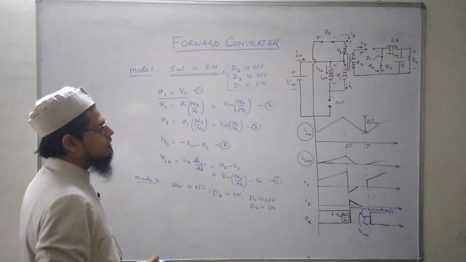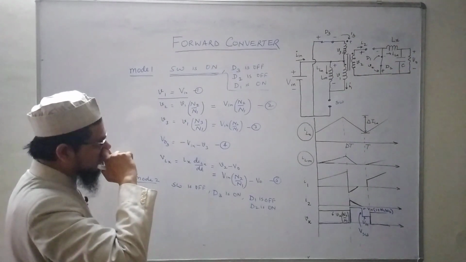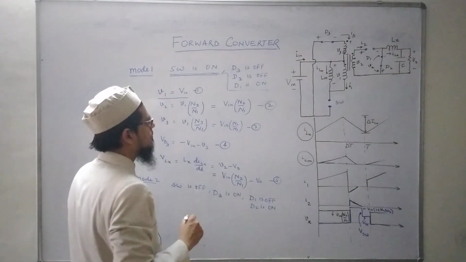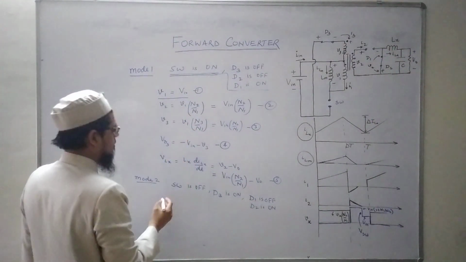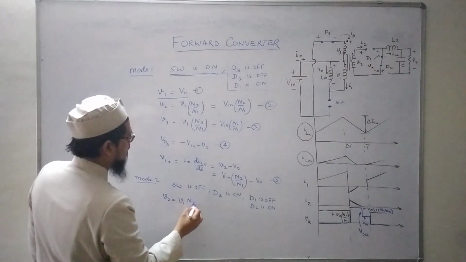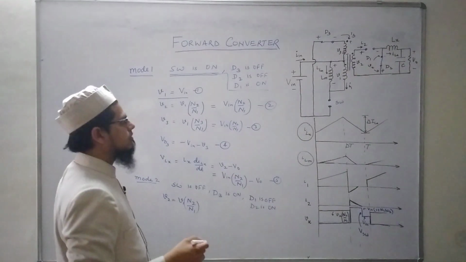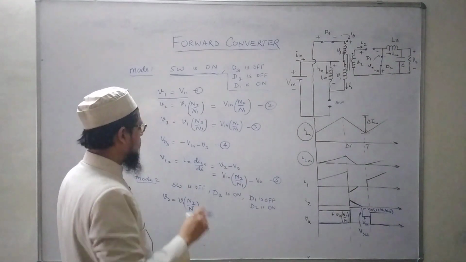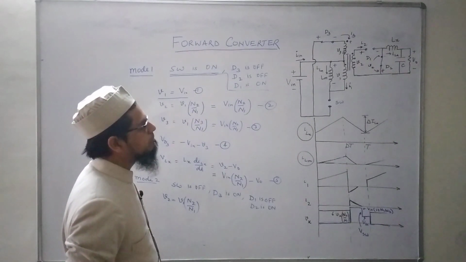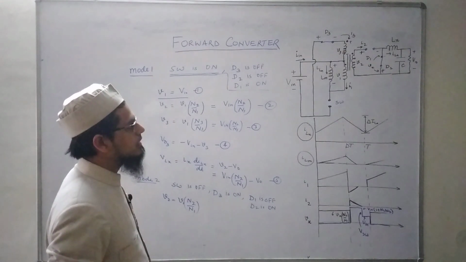Fine. So if again I try to write down the various equations for mode 2, this relation V2 equals V1 N2 by N1 will hold good for both the cases. Although in this case V1 will not be equal to V in, isn't it?